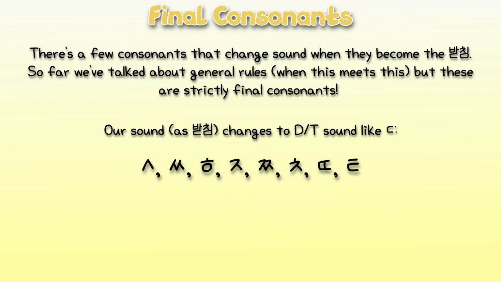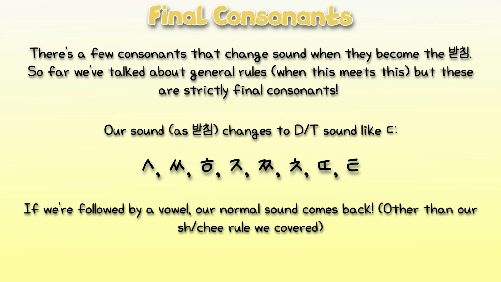These characters are siot, ssangsiot, hieut, jieut, ssangjieut, chieut. Digeut, however, will remain the same because it makes our D/T sound, but ssangdigeut and tieut will be affected by this too. This concept might seem strange. They keep their shape but not their sound. Again, it's just to make pronouncing things easier.